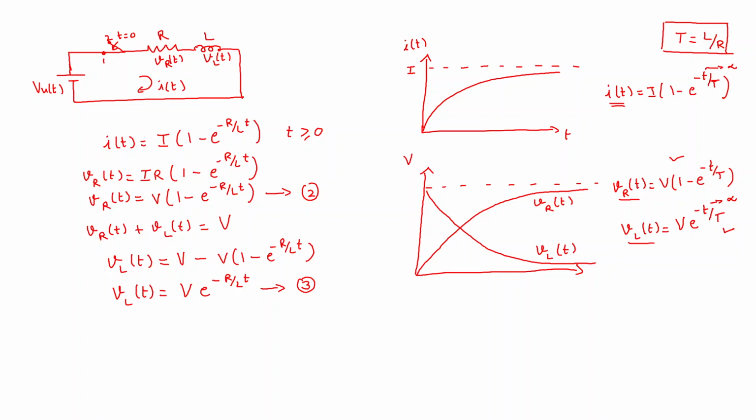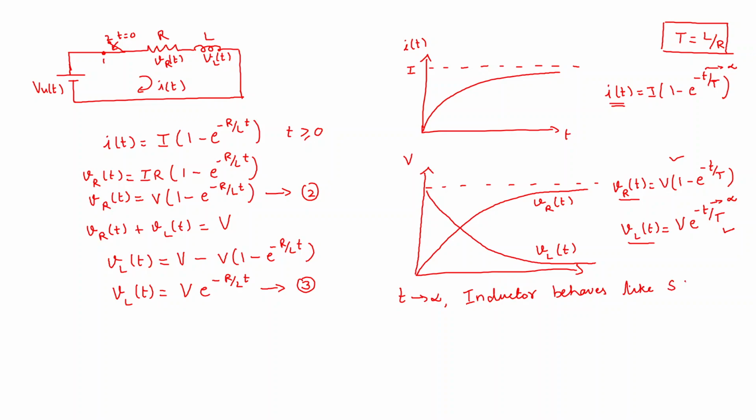which means that at time t tending to infinity, the inductor will behave as a short circuit. At time t equal to infinity, the inductor behaves like a short circuit.